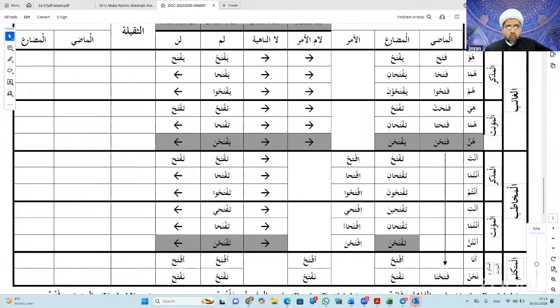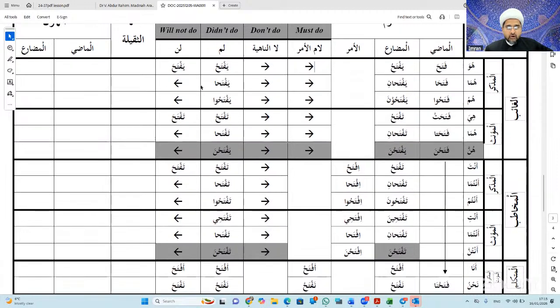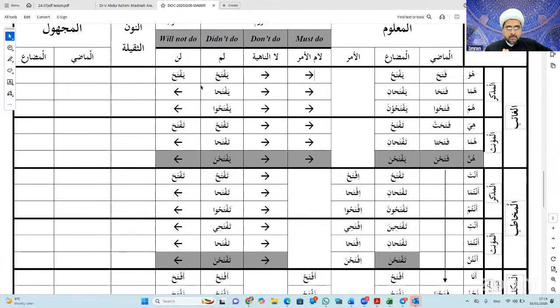Now, I want to move on because whenever you conjugate one verb, fataha was the basic verb. Now I want to teach you something else. The present tense verbs have three different states or positions for themselves.